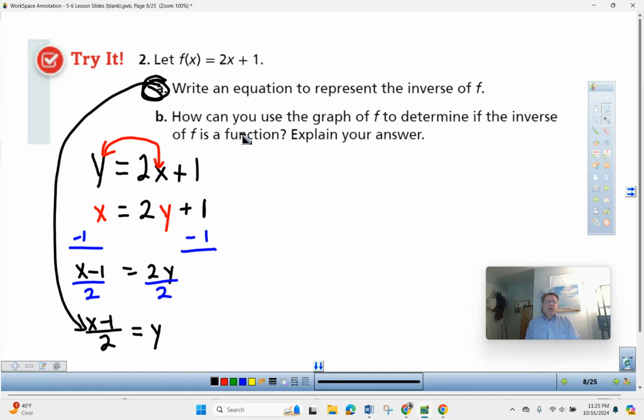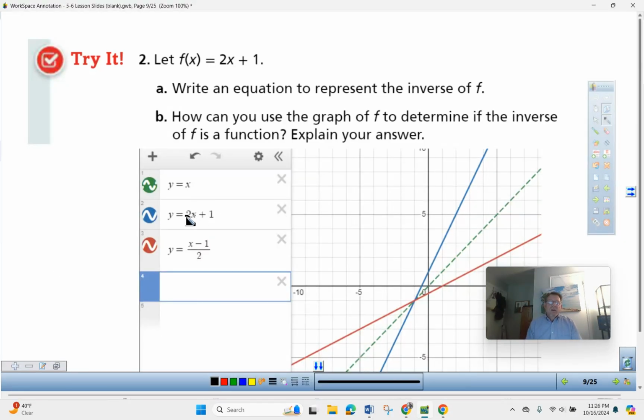Good for us. Now, how can you use a graph to determine if the inverse of the original function is also a function? So that's where we got to here. I went into Desmos and did that for time purposes. The blue line in this case was the original and the red line is the inverse.